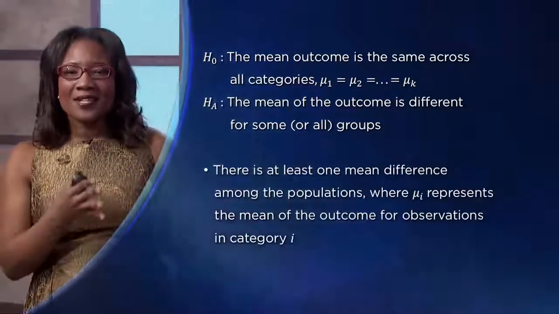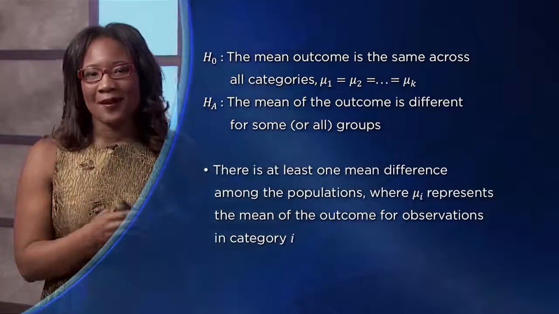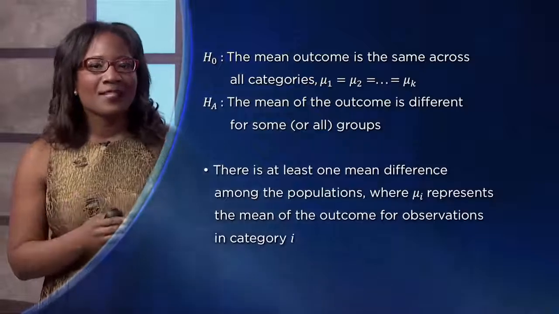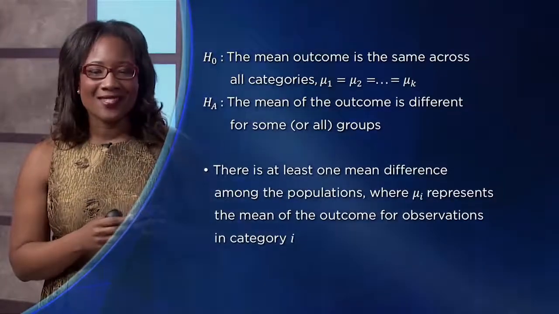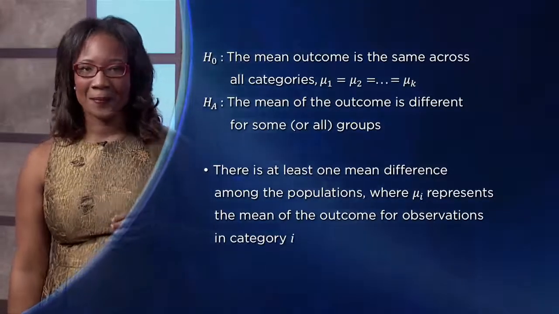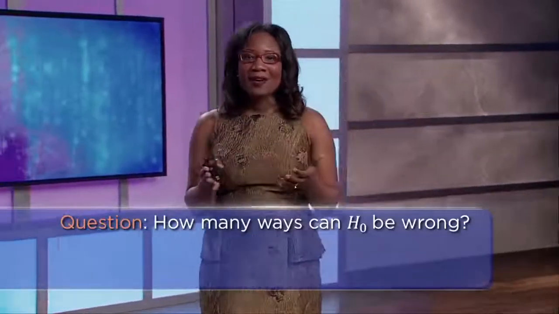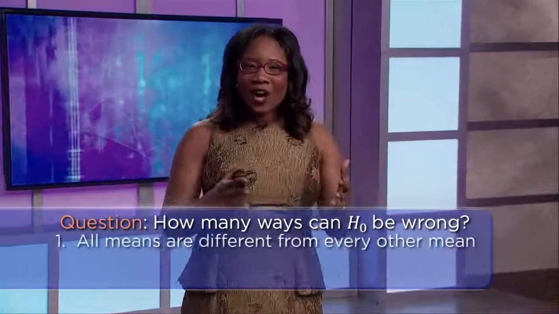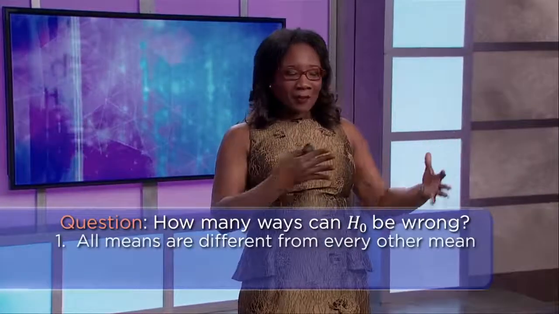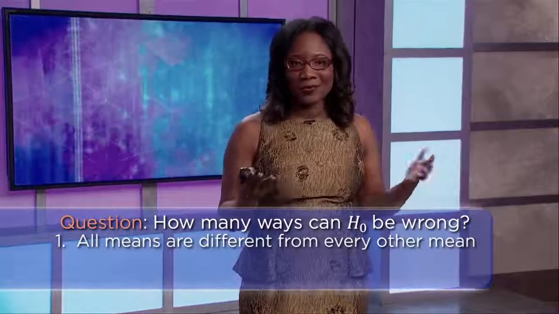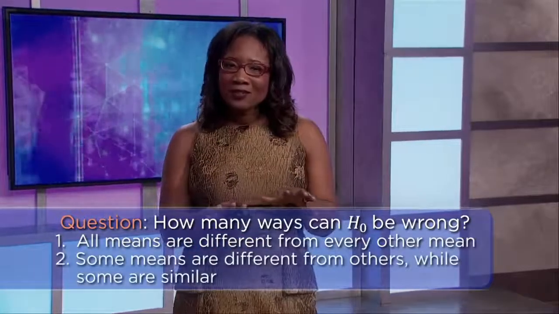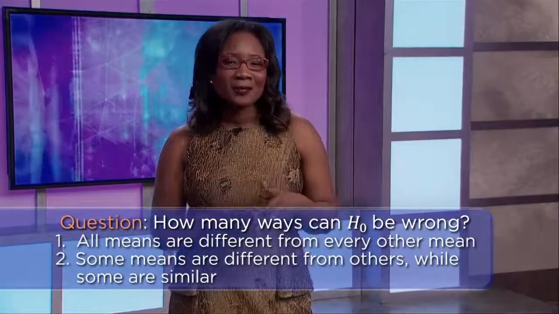So in other words, there's at least one mean difference among the populations, where mu sub i represents the mean of the outcome for observations in category i. All right, here's the question. How many ways can the null hypothesis be wrong? Well, it could be that all of our means are different from every other mean. That's one way. Or it could be that some of the means are different from others, while some of them are actually similar.